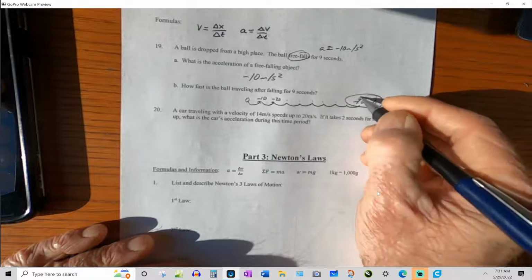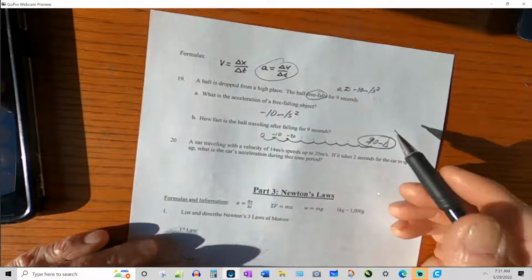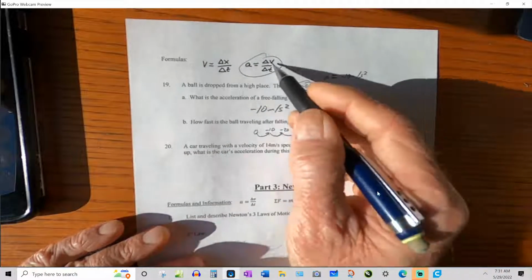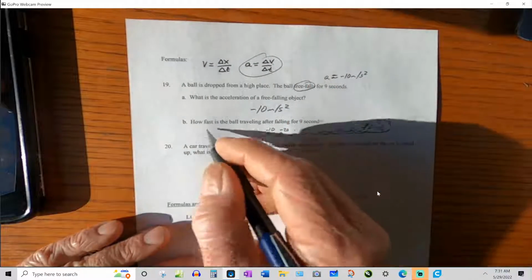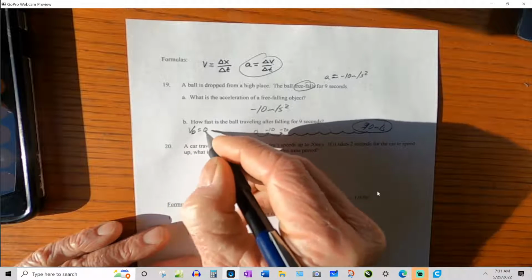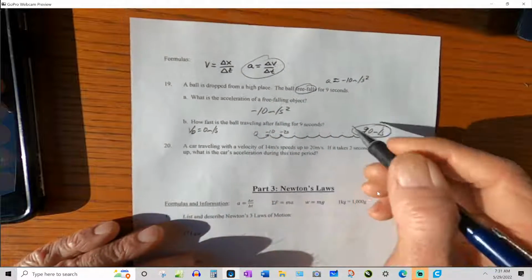So there's the answer. Now, if you wanted to, you could use that formula and solve for change in velocity, because the initial velocity, I'll call it V0, is 0 meters per second. If we could get the change in velocity, we'd know the final velocity.